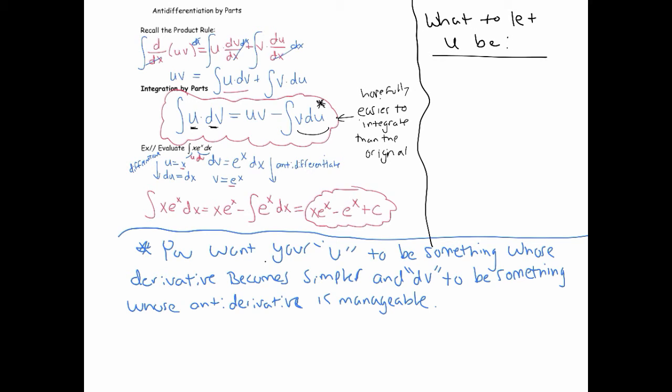In general, this little acronym, LIPET, can be useful at the beginning. What do you let u be? Well, if you see a log, you should definitely let your u be the log first, because the antiderivative of a log is hard to find, so you wouldn't want it to be dv. So if you're going to use this technique and you see a log, you should let u be the log.